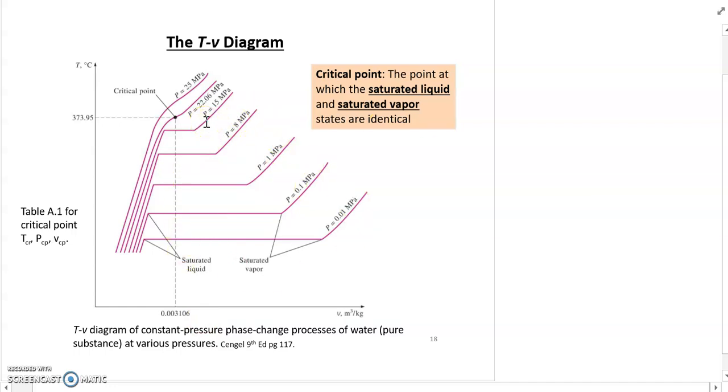Let's say we have a piston cylinder device that is filled with water. This is your piston cylinder filled with water, and if you add some weight on top of the piston cylinder, your pressure will increase.